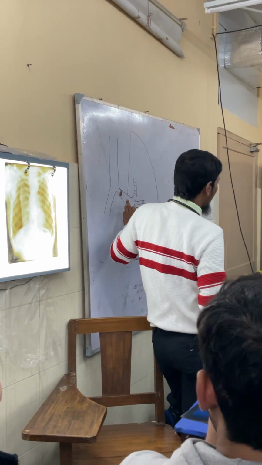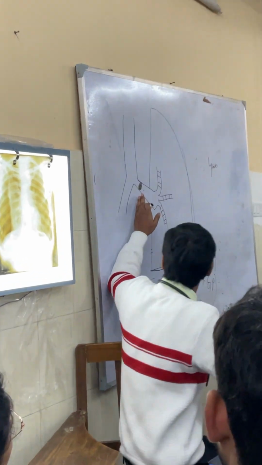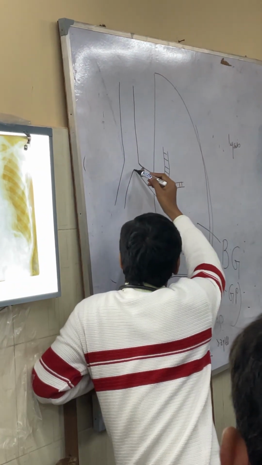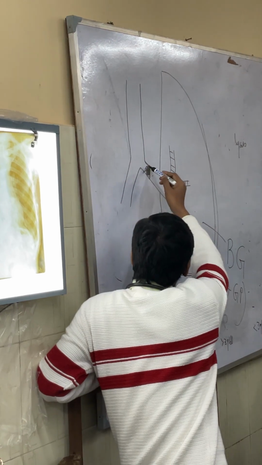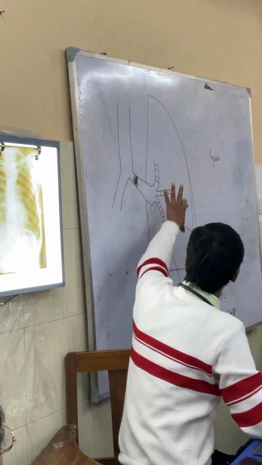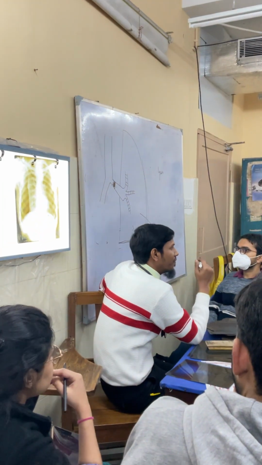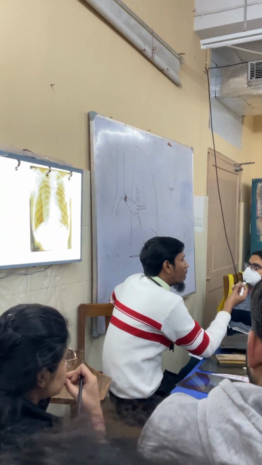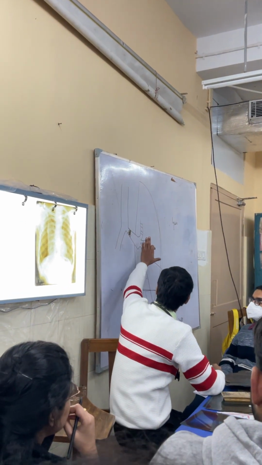Suppose you have blocked this area by a foreign body, or you have blocked this area because there is an epithelial cell malignancy growing and growing. So in the distal part of the lungs there will be no ventilation, so the oxygen you are taking will not go into this part.